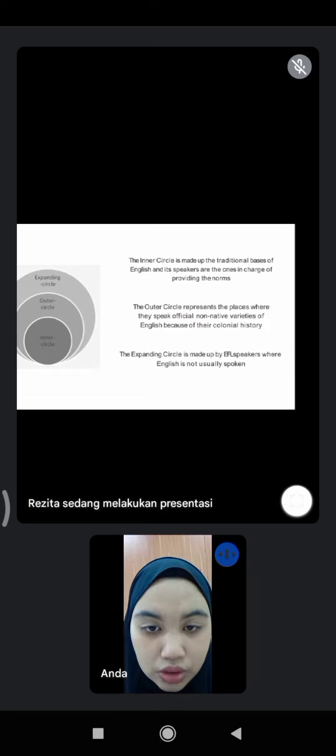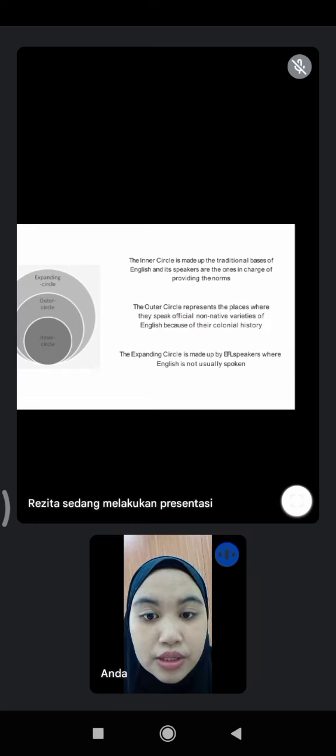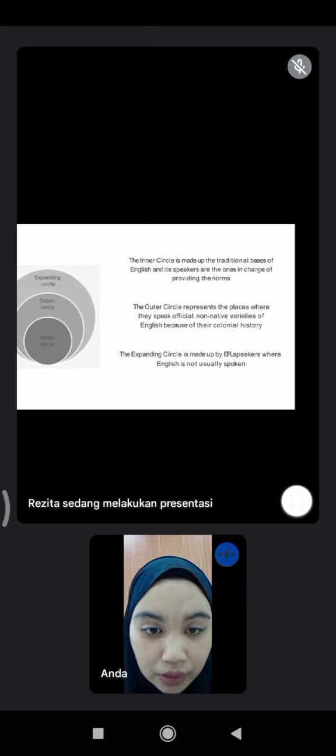The outer circle represents the places where they speak officially non-native varieties of English because of their colonial history. The expanding circle is made up of speakers where English is not usually spoken.